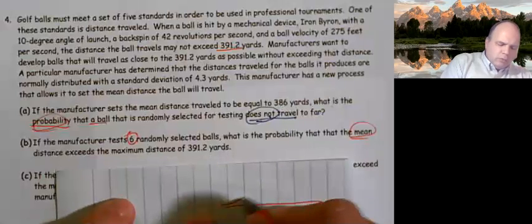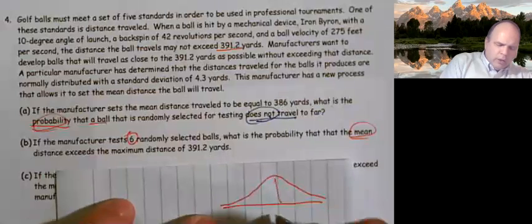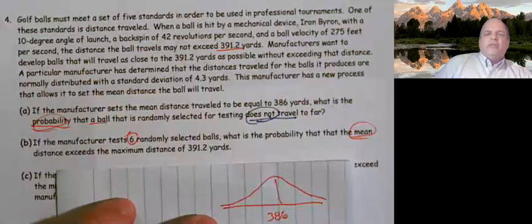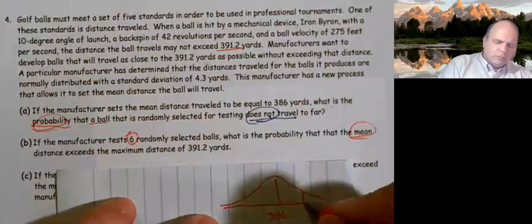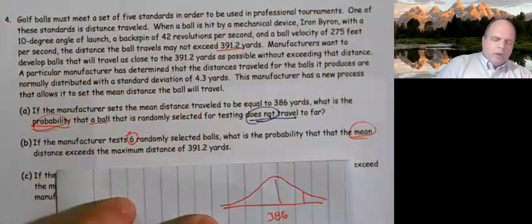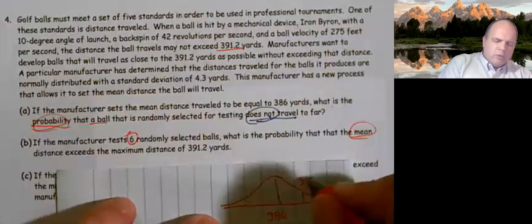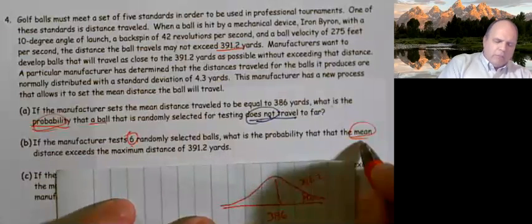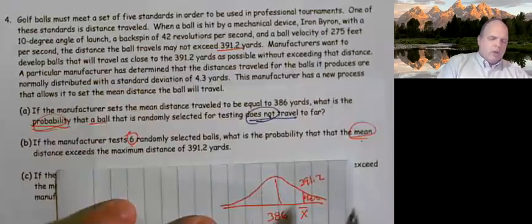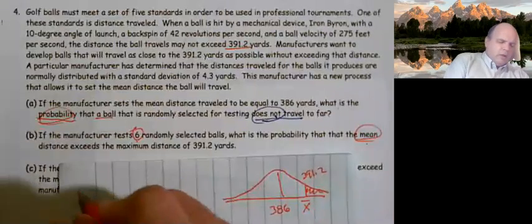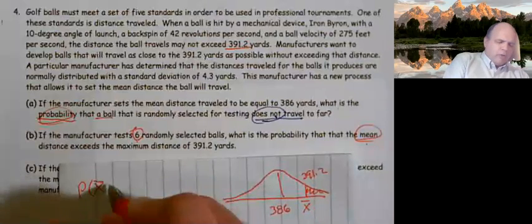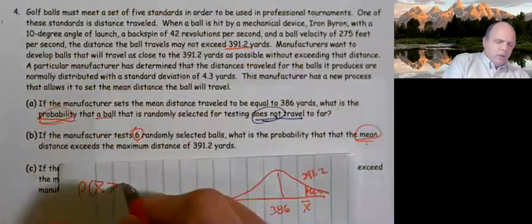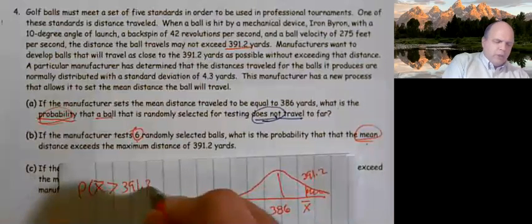So they've set this thing at 386. We want to know 391.2. We have more than one, and they say mean, so we're working with an X bar. So we want the probability that X bar is greater than 391.2.